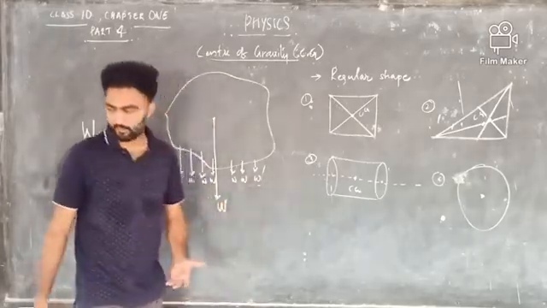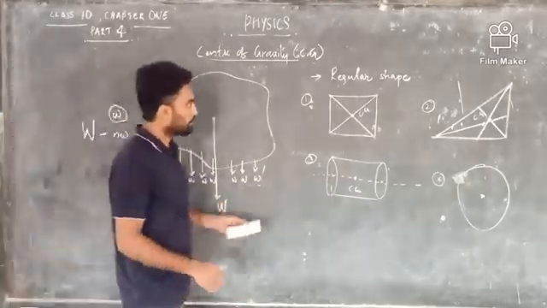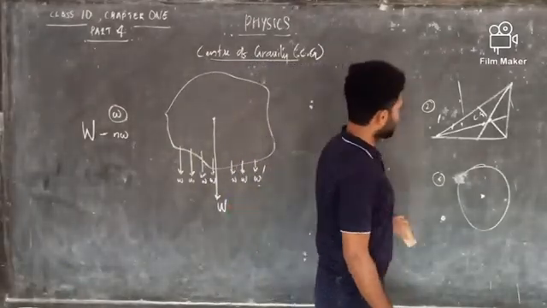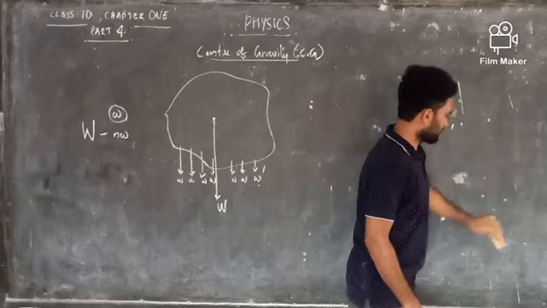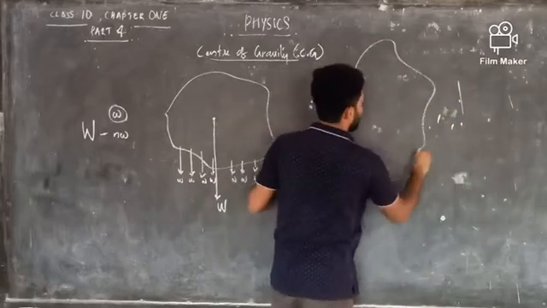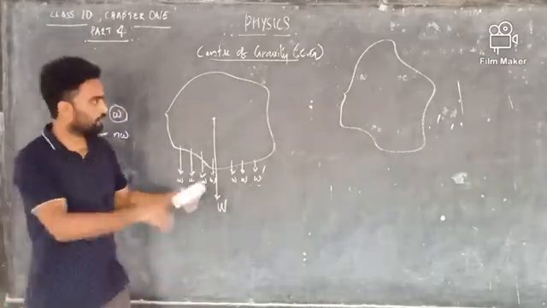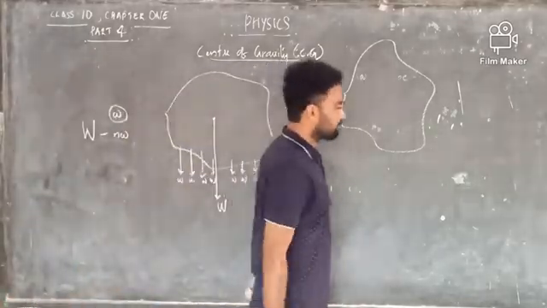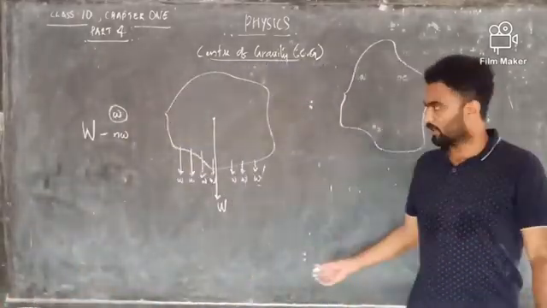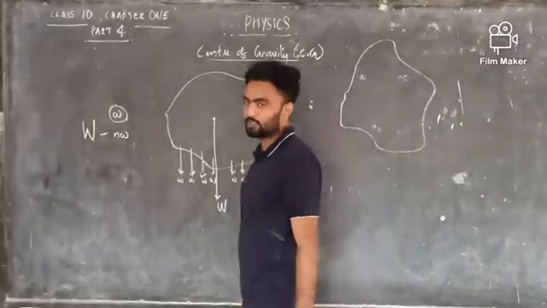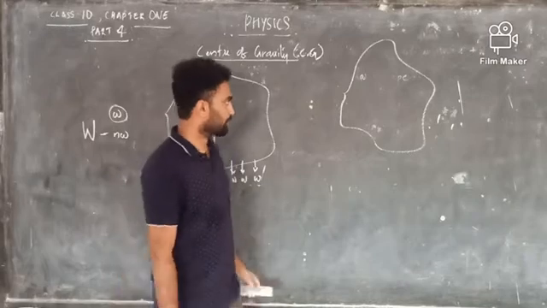That's our second topic. For irregular shapes, we have to do some experiments to find the center of gravity. Just consider we have a body of a shape like this. It's irregular, there is no fixed shape for this particular body. So in this case, we can find the center of gravity in an experimental manner.